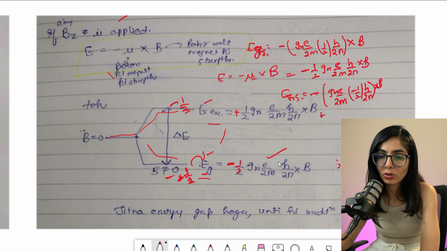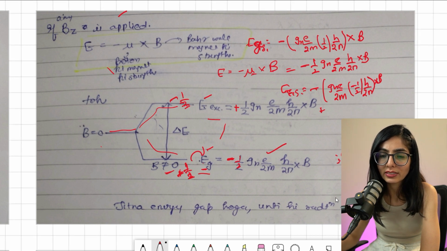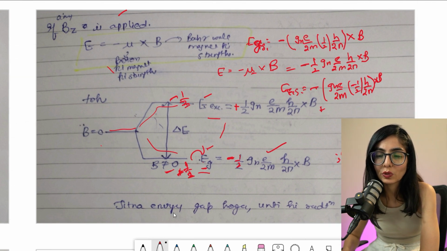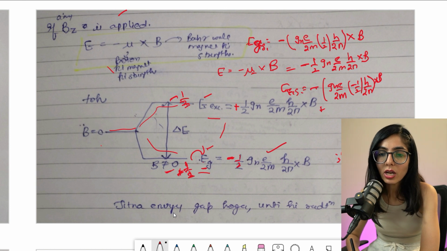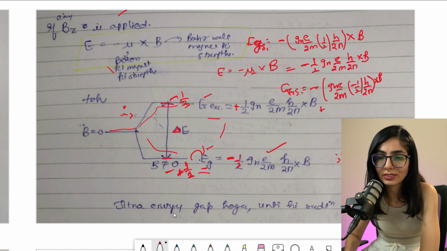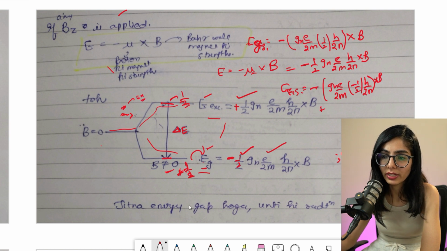There is another thing written over here: the larger the energy gap, the more radiation we have to apply. So depending on the gap we'll put radiation. I told you that the frequency of EM radiation should be equal to this gap, that is del E. When you subtract this quantity from this, that gap should be equal to the frequency of EM radiation. So let's go to the next slide.